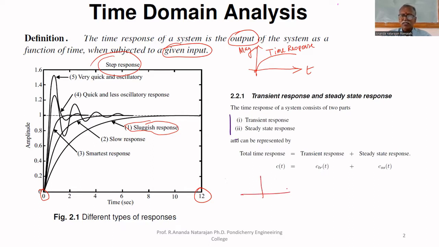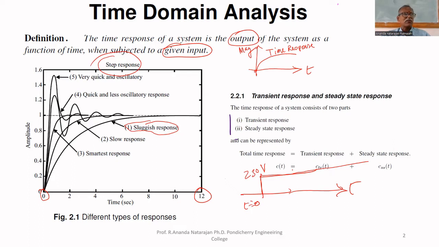At t equal to 0, you apply a voltage of 230 volt. The system may be a fan, a tube light or some lamp. It means a constant input is given at t equal to 0. That is called step input.